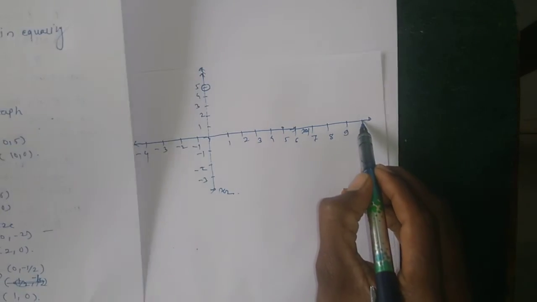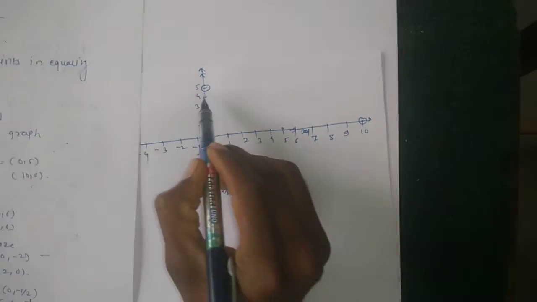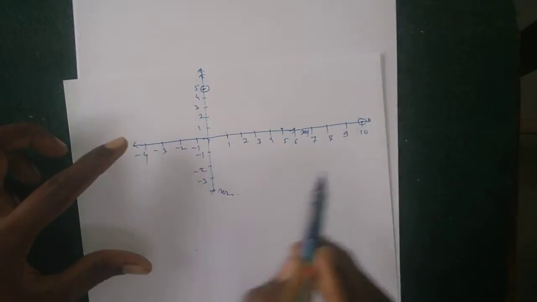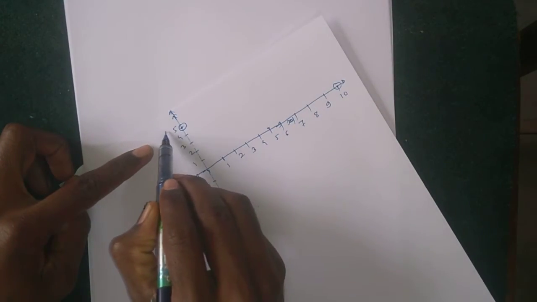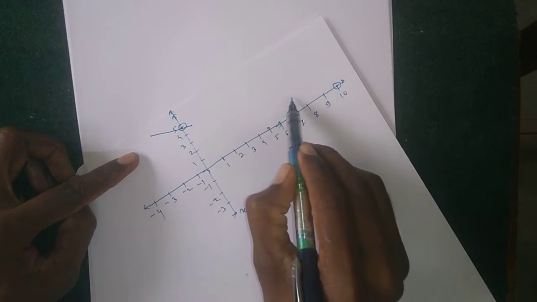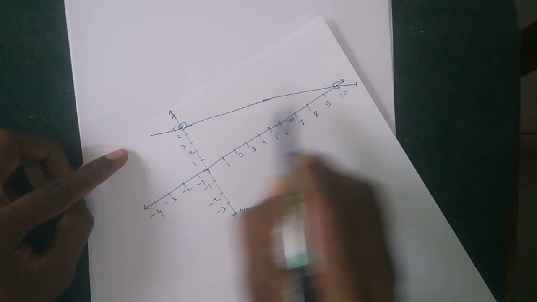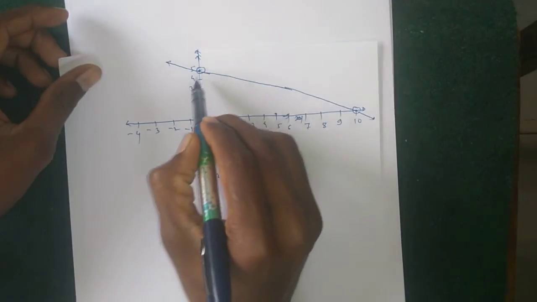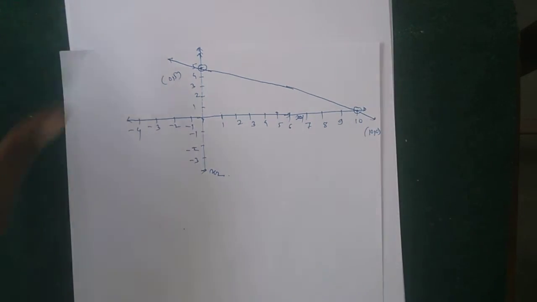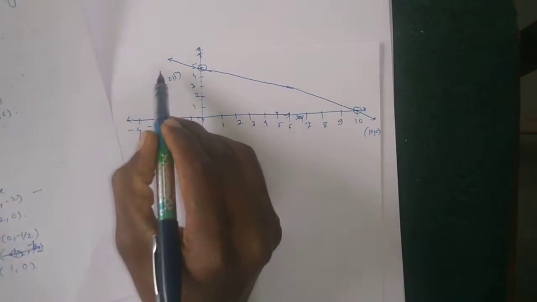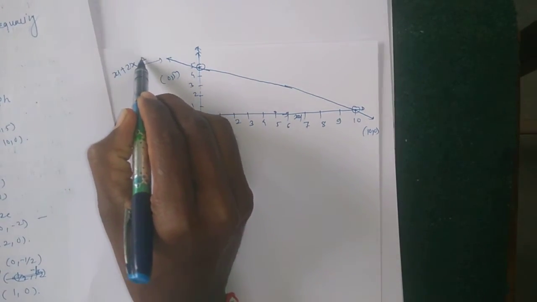Okay, so join these two points. This point is 0, 5 and this is 10, 0. Okay, and this line is x1 plus 2x2 is equal to 10.